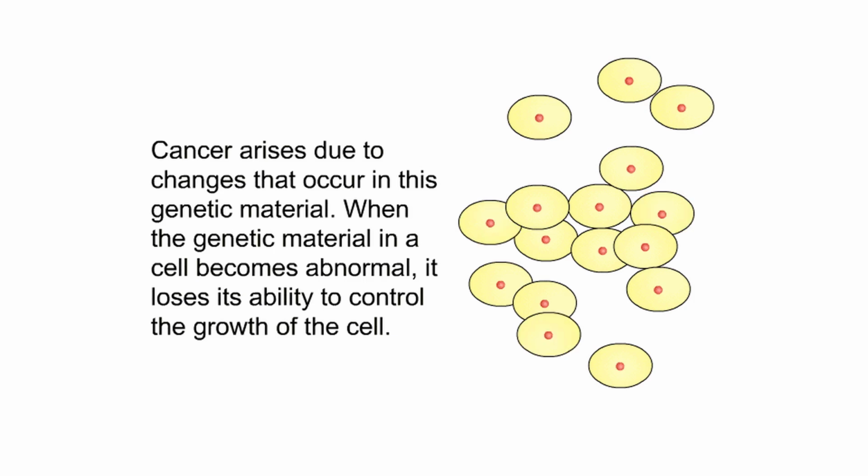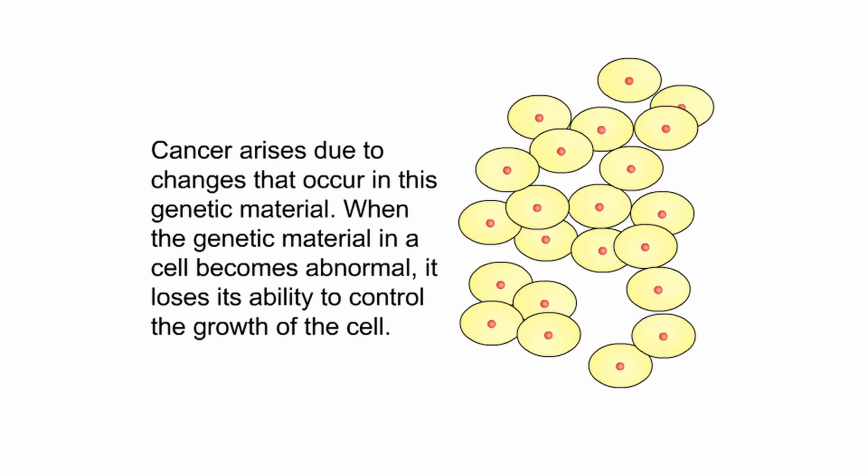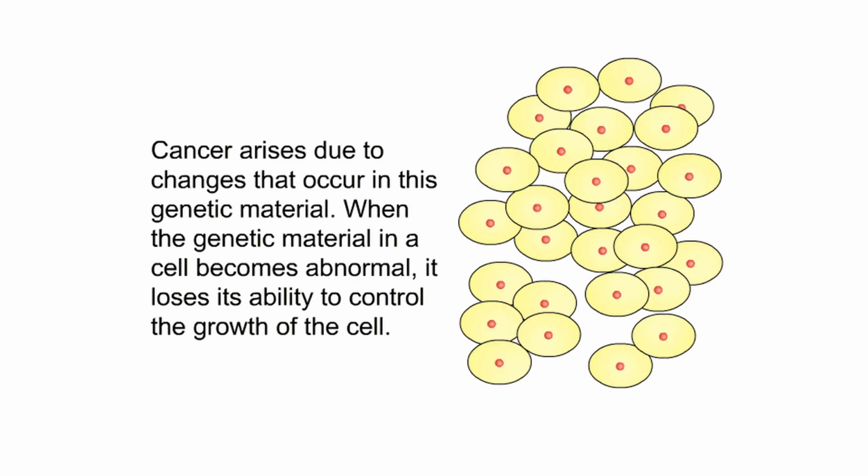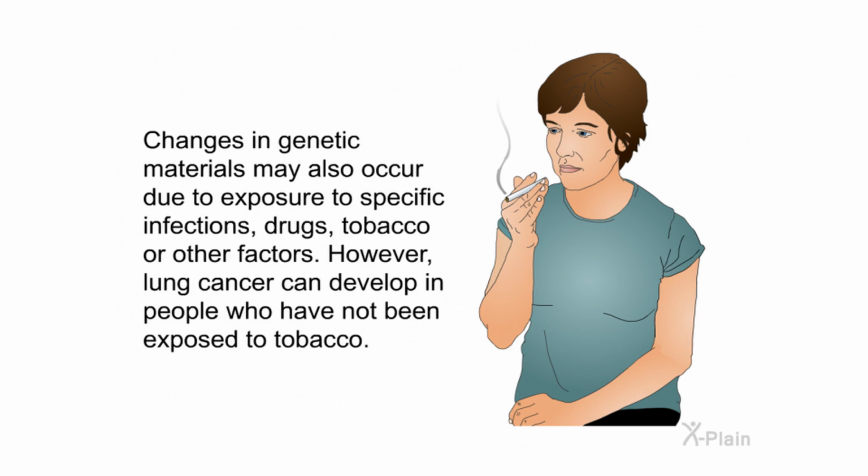When the genetic material in a cell becomes abnormal, it loses its ability to control the growth of the cell. Changes in genetic materials may also occur due to exposure to specific infections, drugs, tobacco, or other factors. However, lung cancer can develop in people who have not been exposed to tobacco.